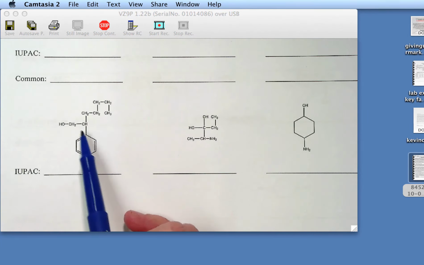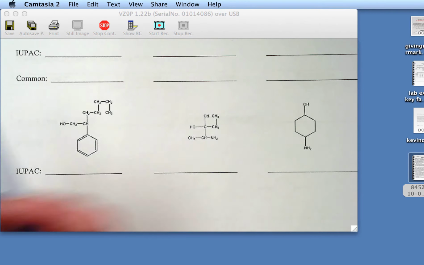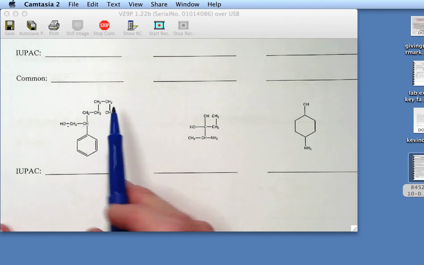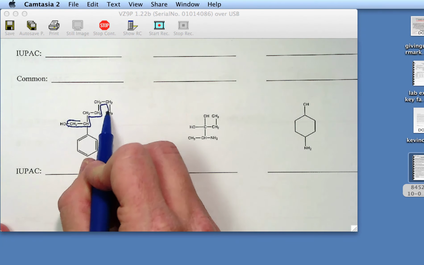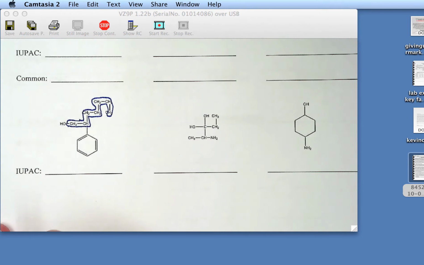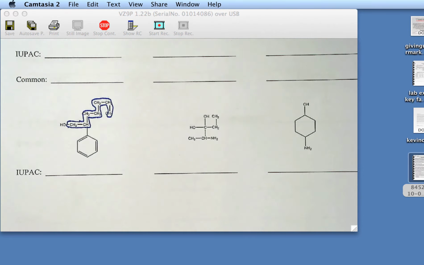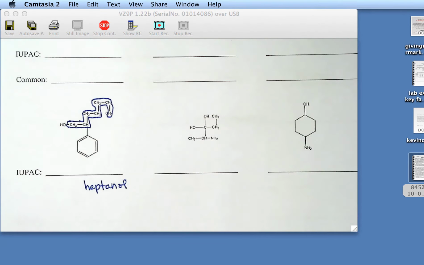What's the longest continuous chain of carbons that the OH is off of? You guys can read this. It just looks intimidating. So 7. So it would be heptane, but I have heptanol. Excellent. All right. Which way would I number it?